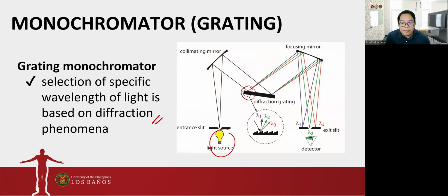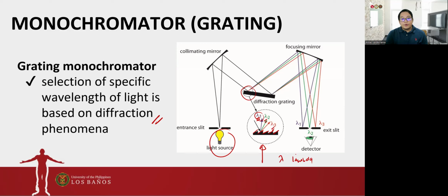Yung diffraction grating natin, pag zinoom in natin yan, meron yung mga grooves. Okay? And these grooves, or yung mga gratings natin, will allow the diffraction of light into its separate specific wavelengths. Then by then, we can choose kung anong wavelength ba yung gusto natin. Yung wavelength 1 ba, wavelength 2, or wavelength 3. Itong wavelength na to ay, when we read it, it's just lambda. Okay? Lambda.